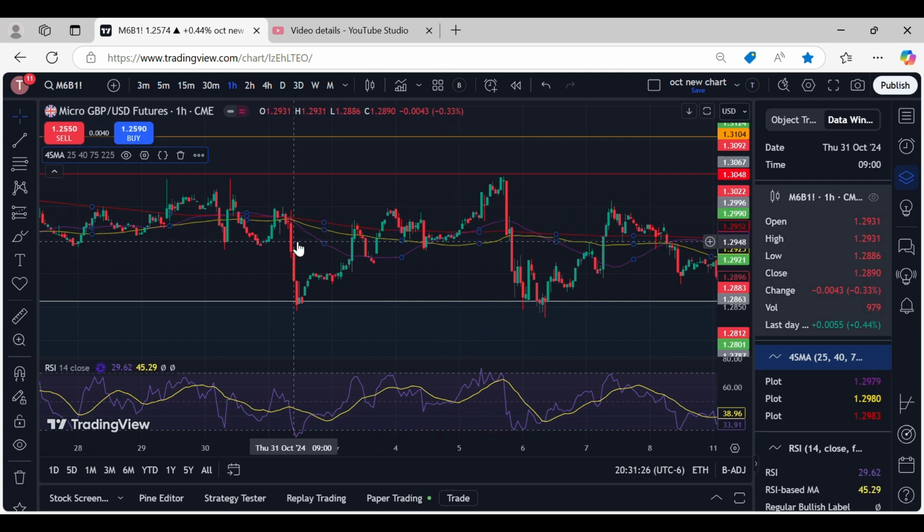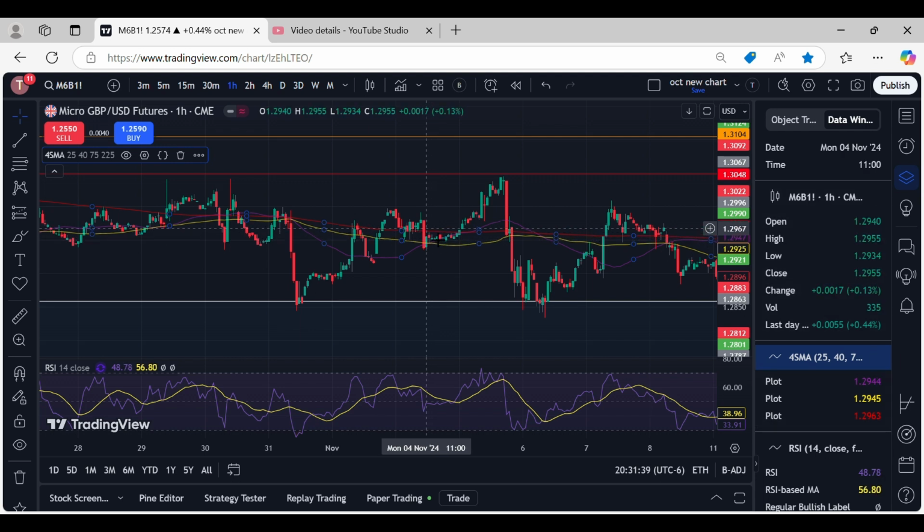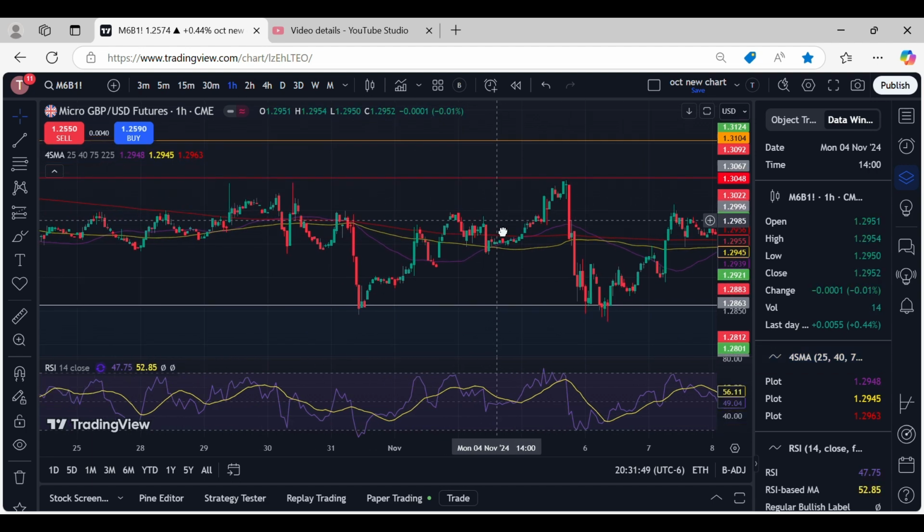The only thing with this though is breaking off all of them, but at the same time, I'm used to the 40s and the 70s being close to each other, but typically the 225 is apart from it if it's going to move in a direction or change directions and certain things like that.